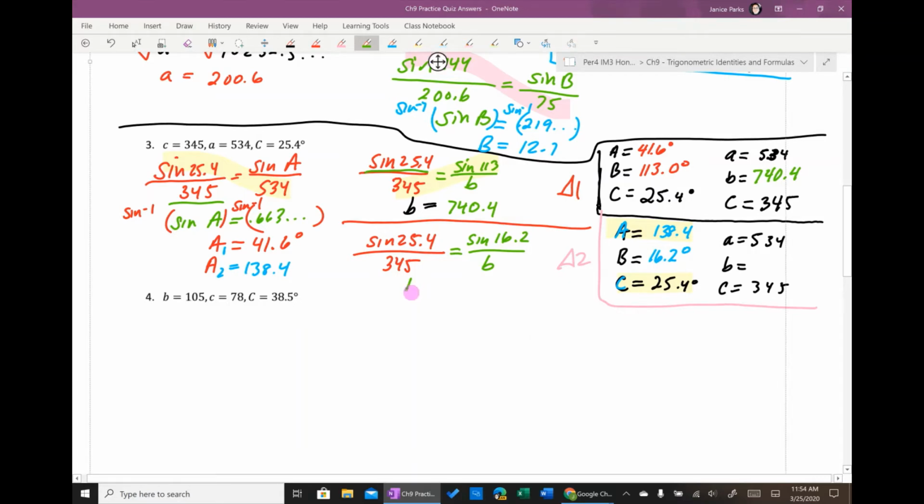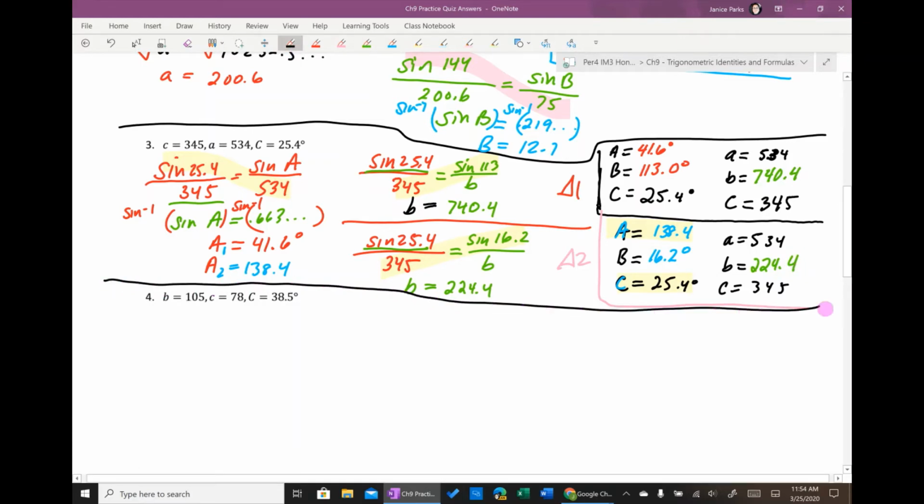And then for the second triangle, you're going to get b is equal to 224.4. And again, in this case, you're multiplying these two together, and you'll divide by sine of 25.4. So that's the type where you're given some information and you end up having two triangles.